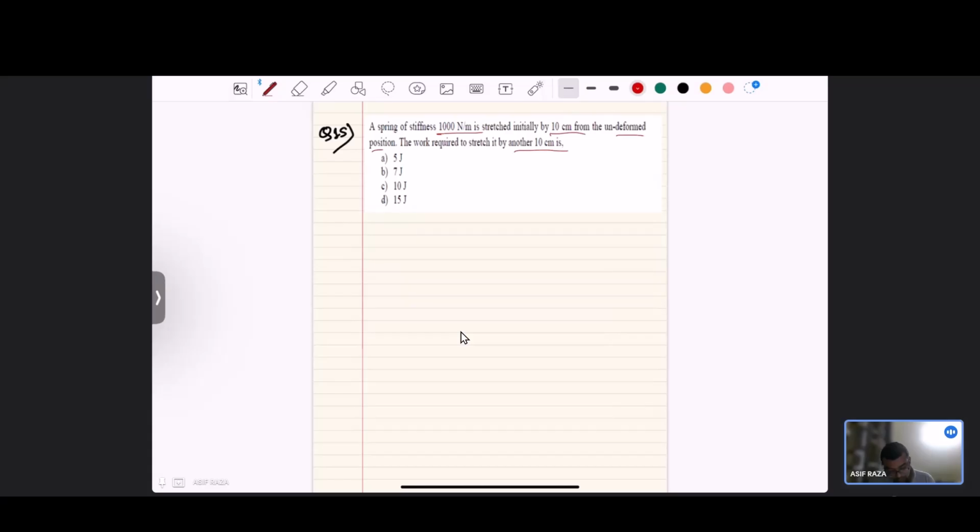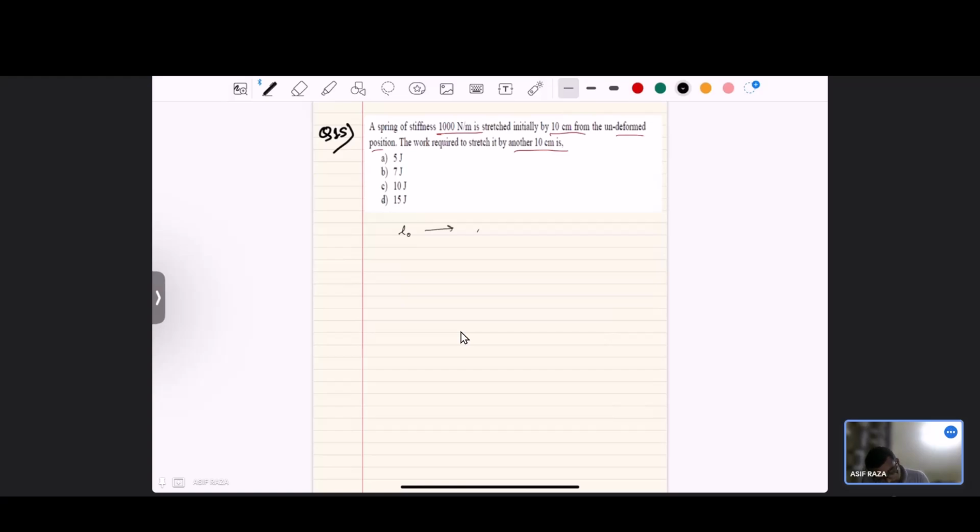The work required to stretch it by another 10 centimeter is? The question is, initially there is L0.